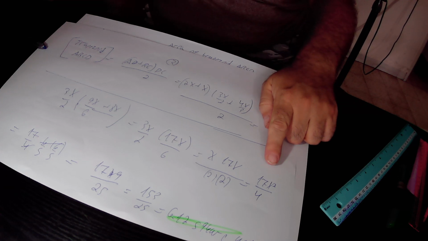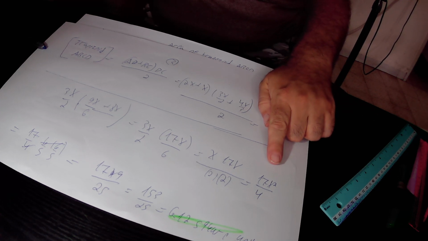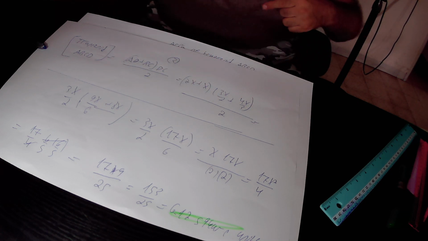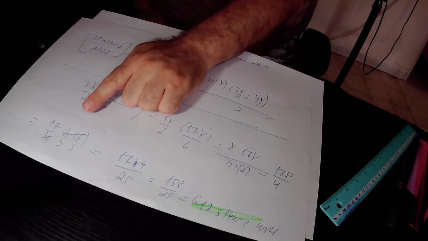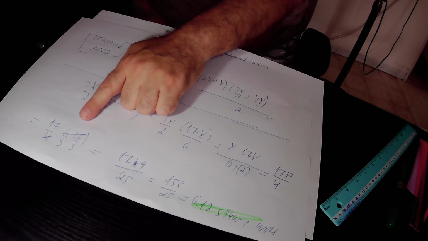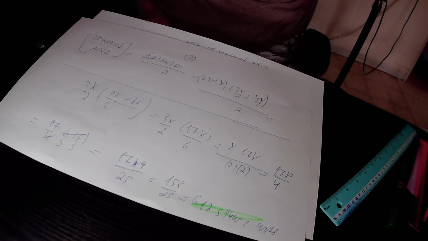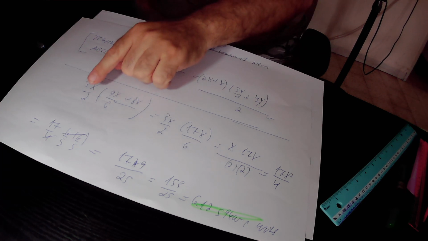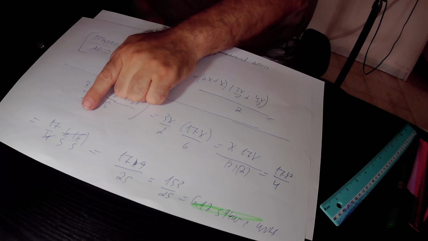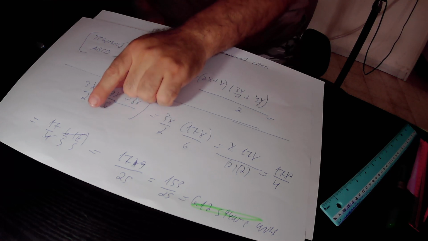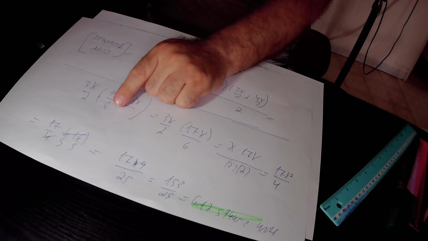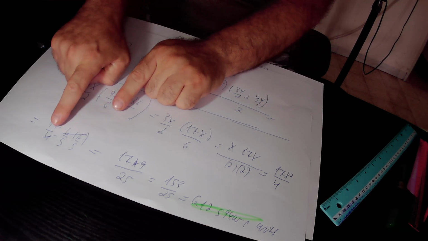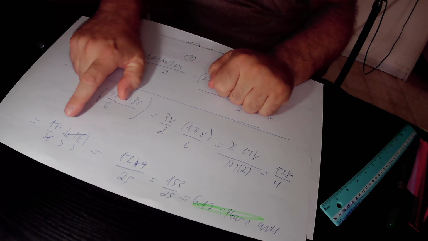So it is 17 over 4 times x squared. X squared is x times x, and we already found that x equals 6 fifths. So x squared is 6 fifths times 6 fifths. So the area equals 17 over 4 times 6 fifths times 6 fifths. 6 times 6 is 36, and 36 over 4 is 9.